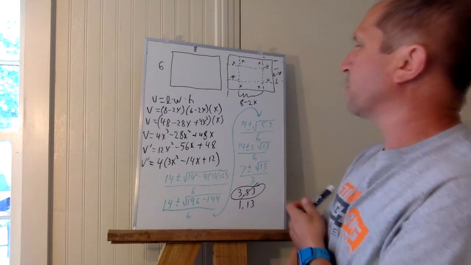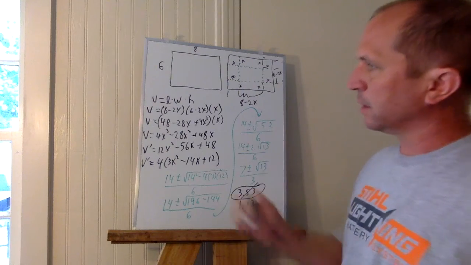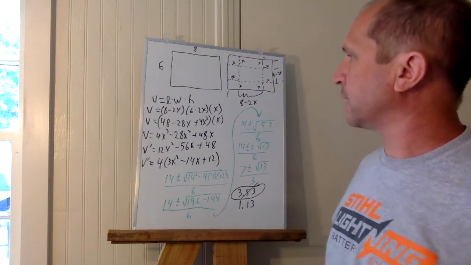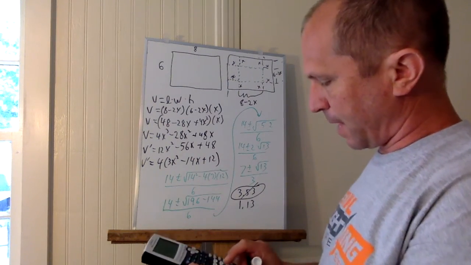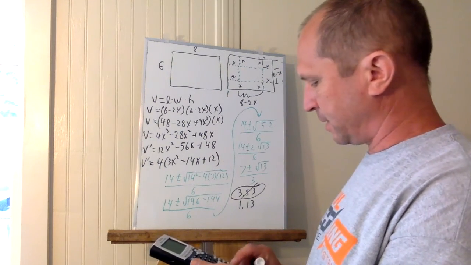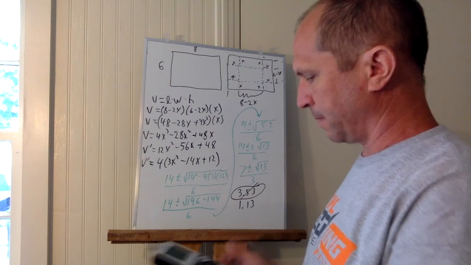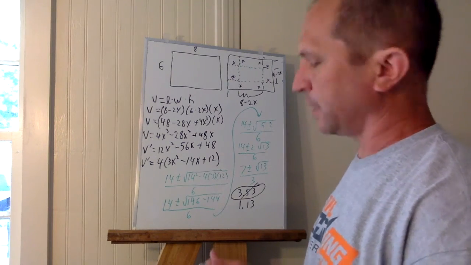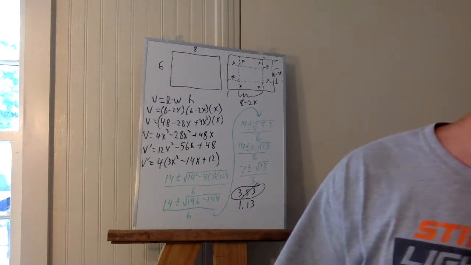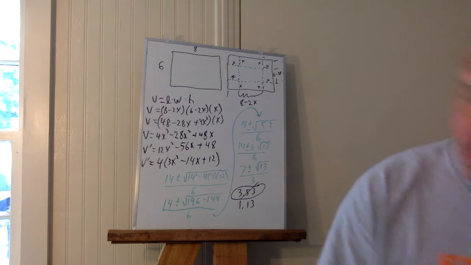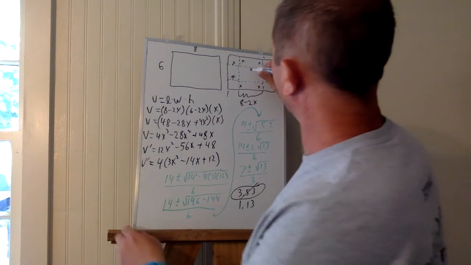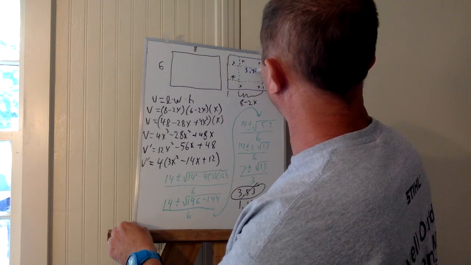So the actual dimensions of this box, we'll say, okay, it's going to be 8 minus 2 times 1.13. And so we get that this is going to be 5.74.